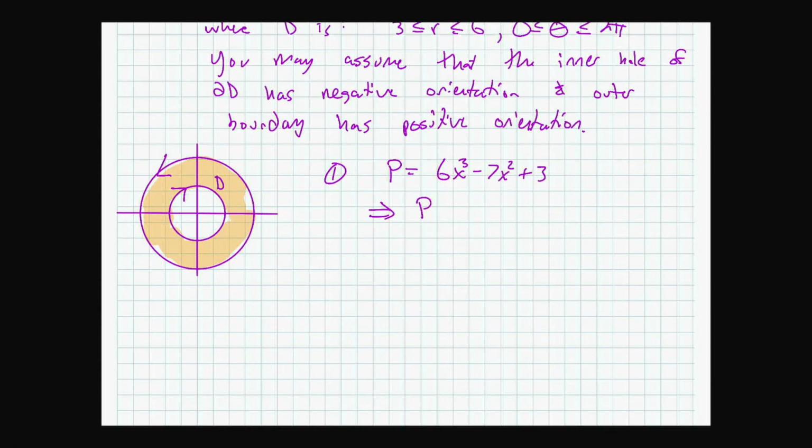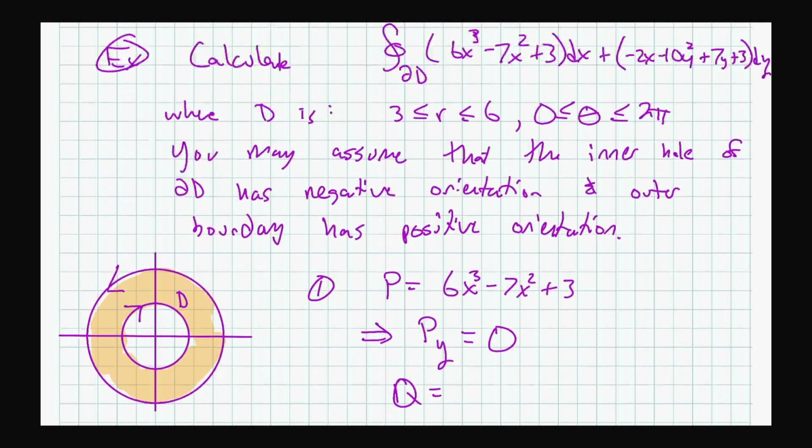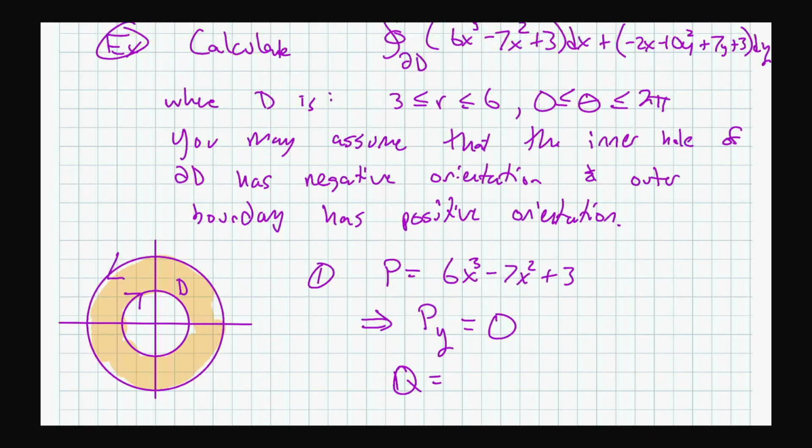So we're going to need Py instead of Px, which is 0, I guess. There's no y. All right. Now the q, that's going to be the negative 2x minus 10y squared plus 7y plus 3.